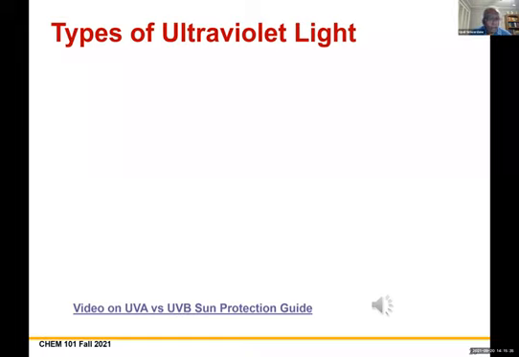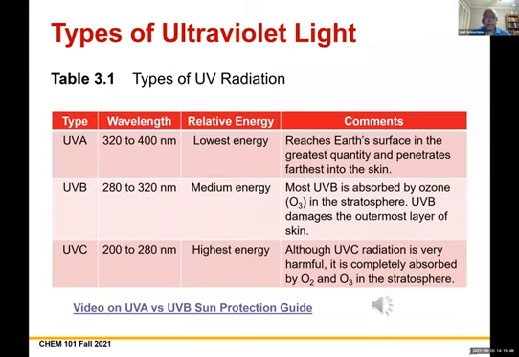All right. We're going to look into ultraviolet radiation because it's an important part of the sun's radiation. There are 3 types of ultraviolet radiation that come from the sun. UVA has the longest wavelength and lowest energy.